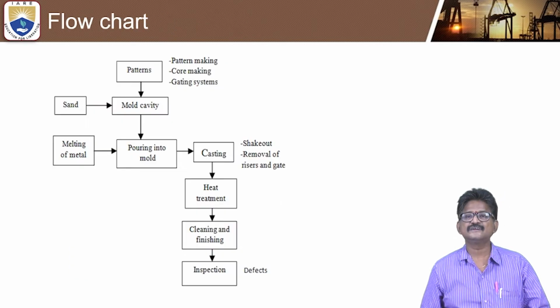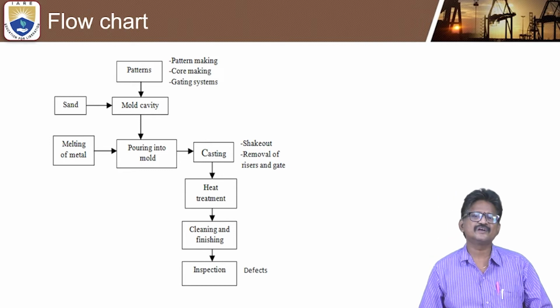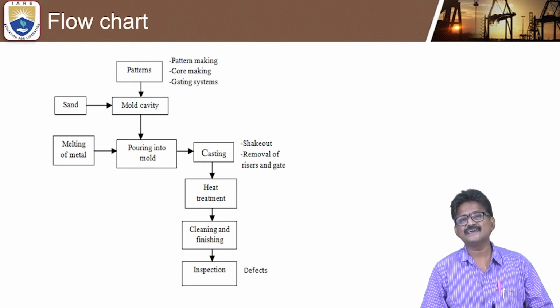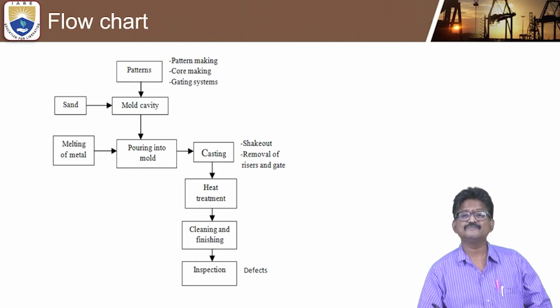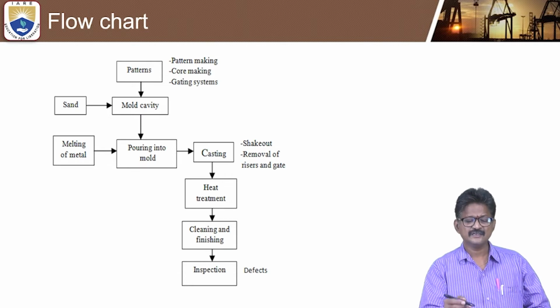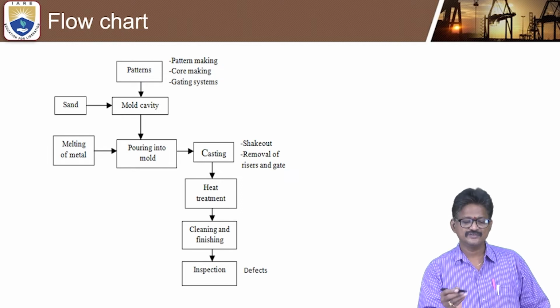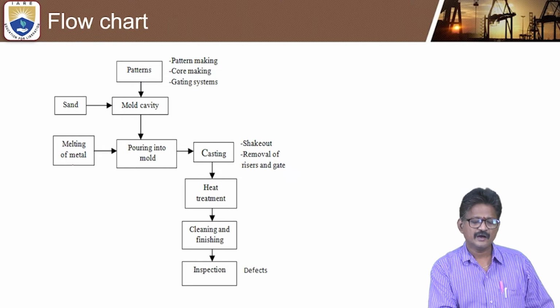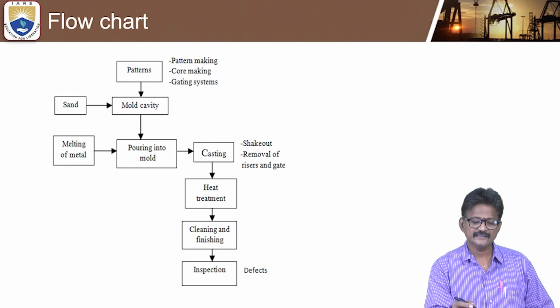So in any manufacturing process, in this metal casting, first the pattern is the prime important parameter, then the mold cavity, then how we pour into the mold. That is the preparation of the melting of metal, a separate section.